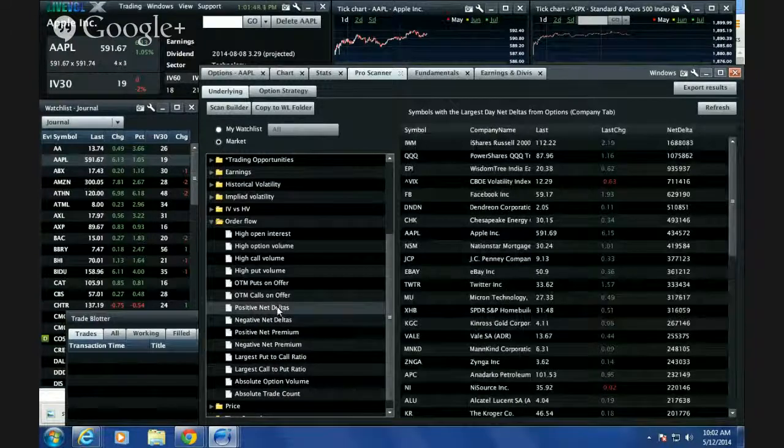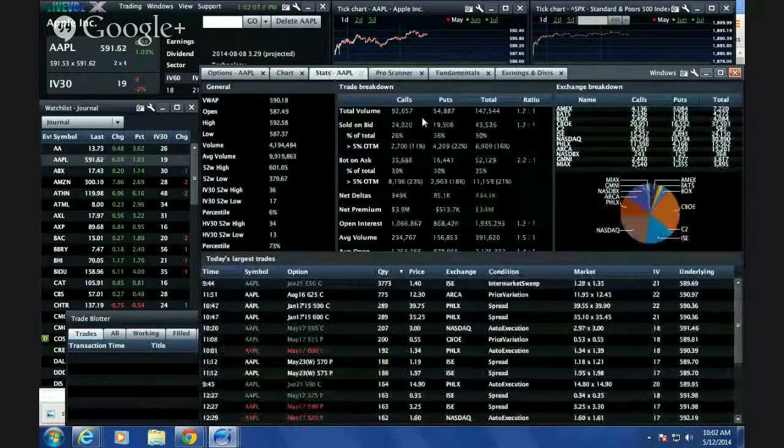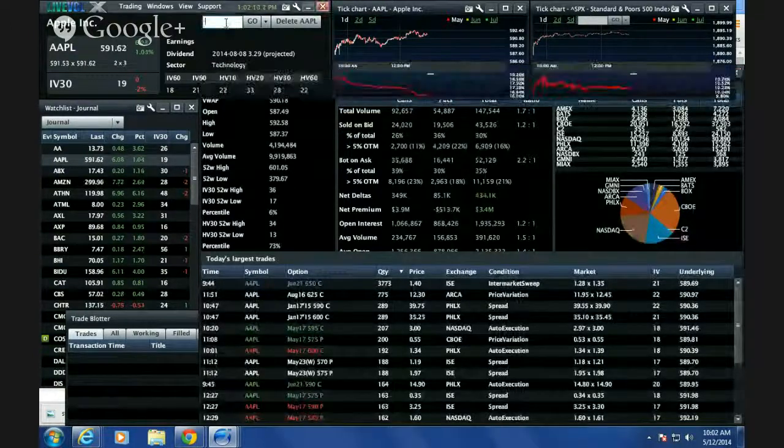Let's actually look at the positive net deltas. Positive net deltas is basically all the trades combined. You add up all the trades that happen on the bid and the ask, and you attach the delta to it. On the stats tab, let me go to VIX.